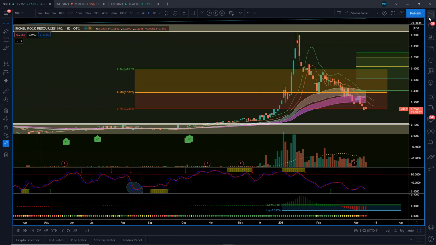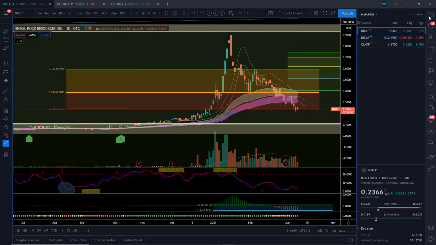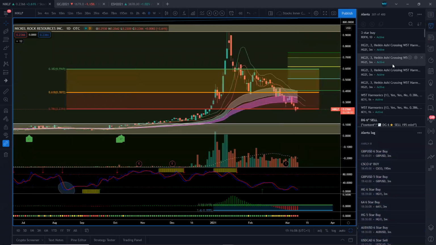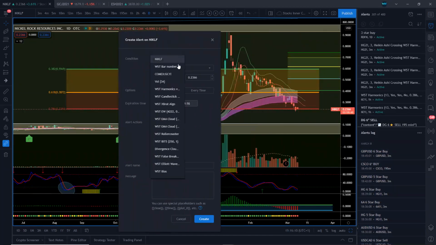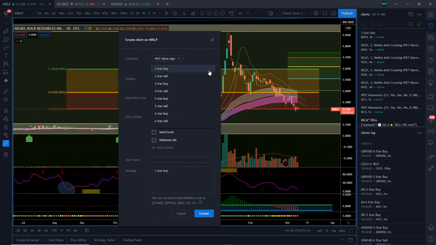So for example, if I wanted an alert here, I'd click here, NKLF, I want the XPRAT, a 6-star buy, once per bar close even, and I'd put a little alert name there.